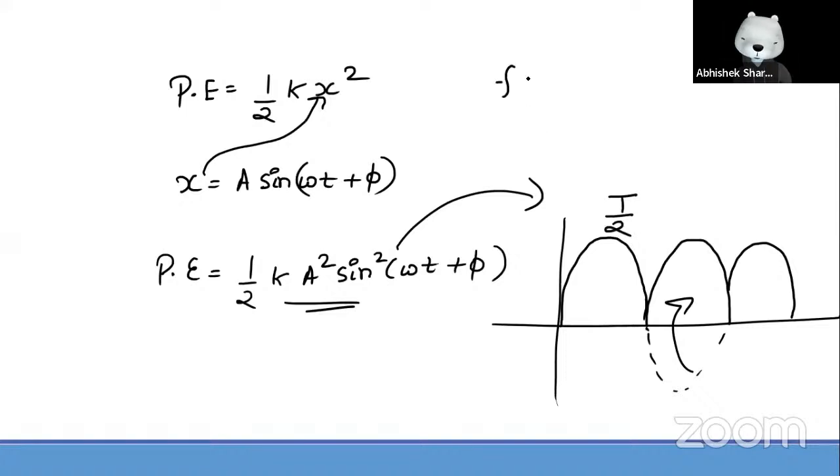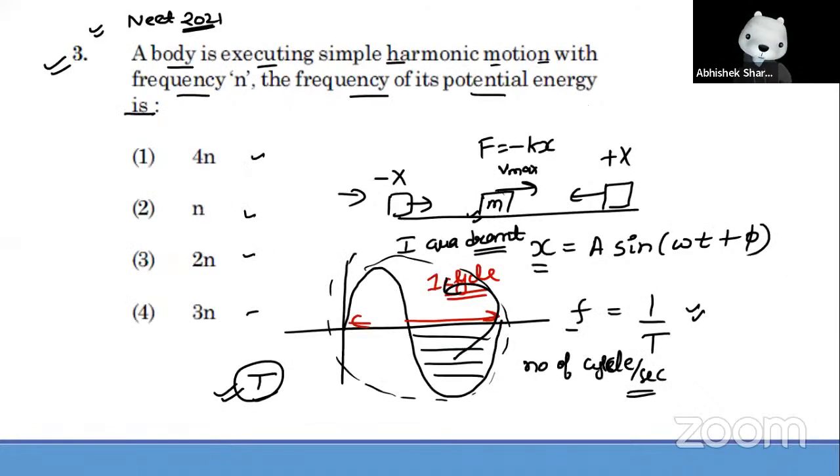We know the formula of frequency is 1 by T. If time period is reduced by 1 by 2, the frequency will be doubled. So frequency will be here twice of f now.